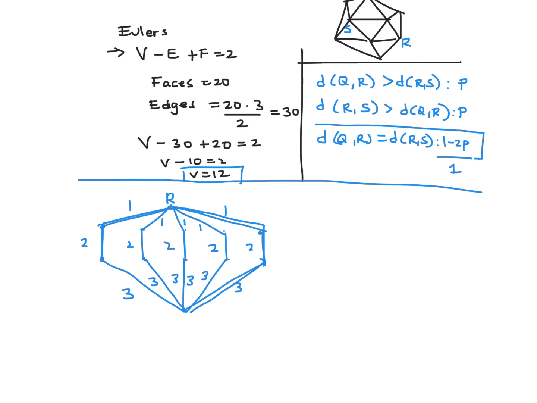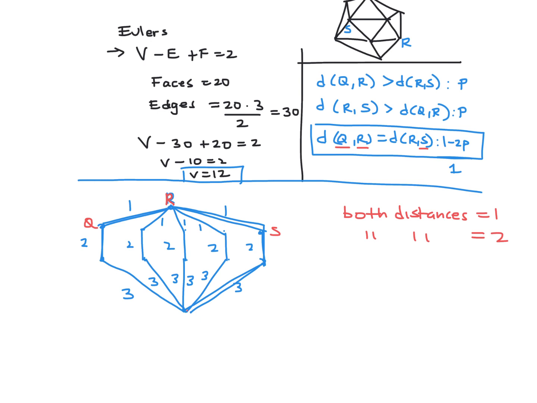Okay, so we want to work with this, and then we can calculate P. For it to be equal, the distances would have to be both 1 or both 2, because we have 3 different vertices: Q, R, and S. For example, this is R. If Q is here and S is here, both distances would have to be 1, or both distances equal 2.